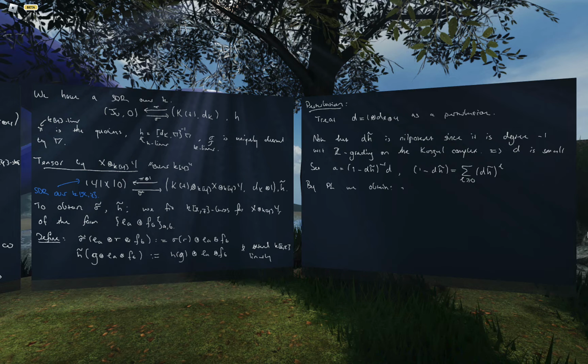We obtain a strong deformation retract over kxz, which is as follows.